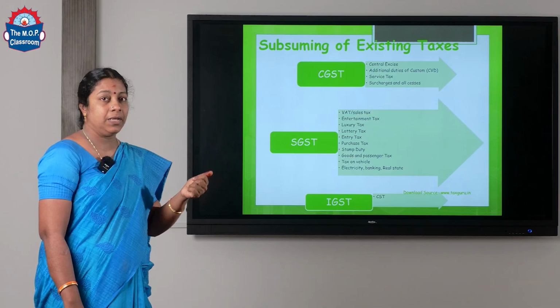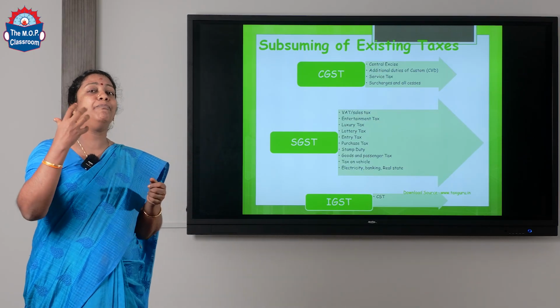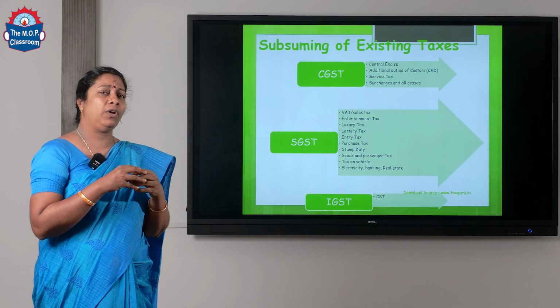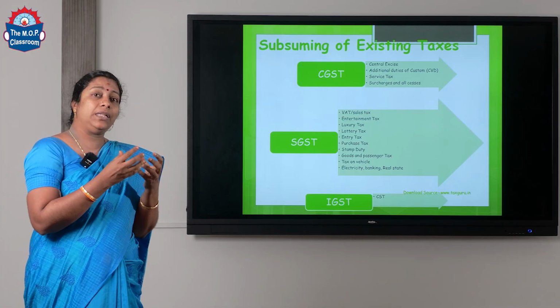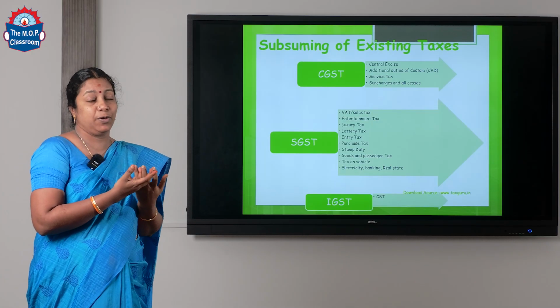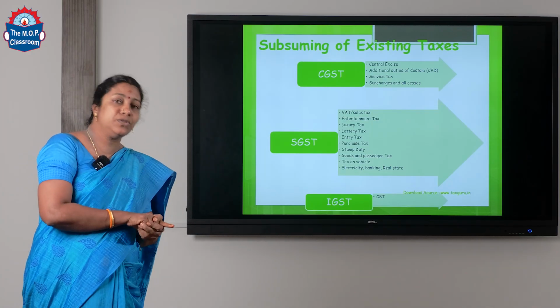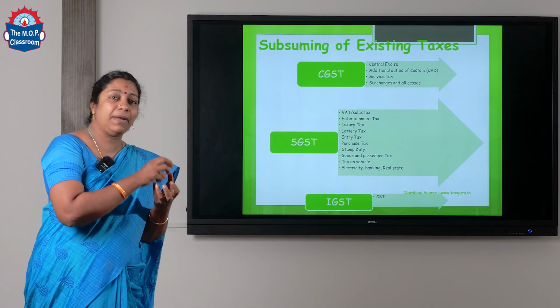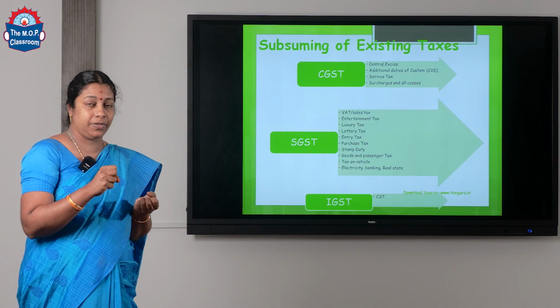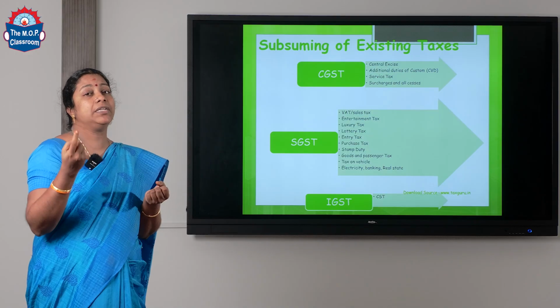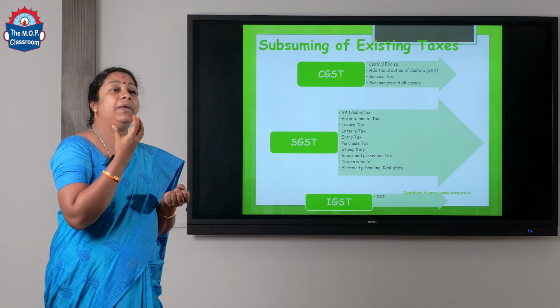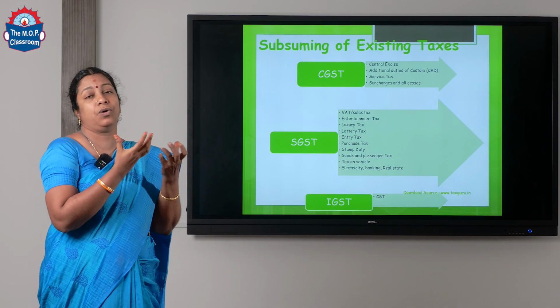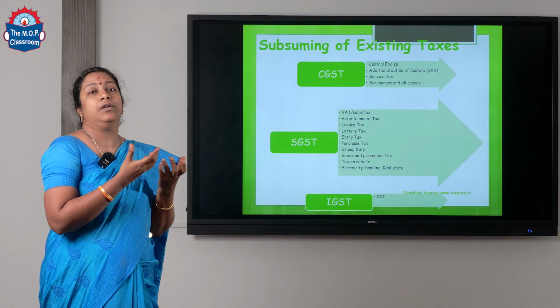But when you are importing a car, what will happen? Actually the government is losing its central excise, because if the car was produced in India, the center would receive a tax on that car. But if it is imported, the center might be losing tax revenue.